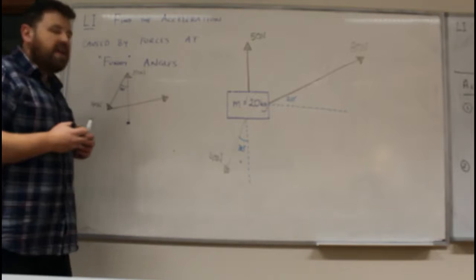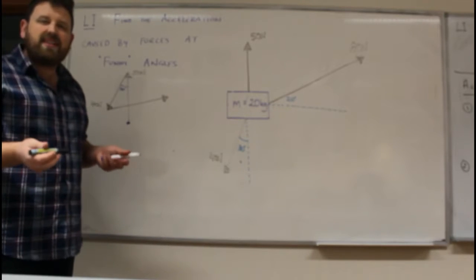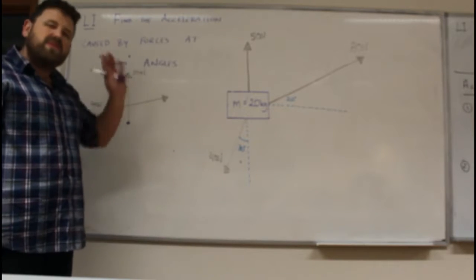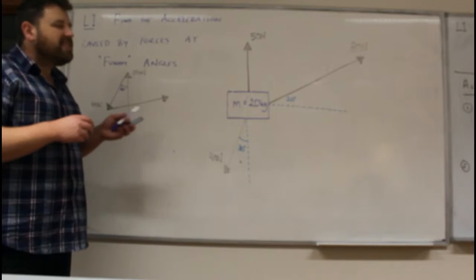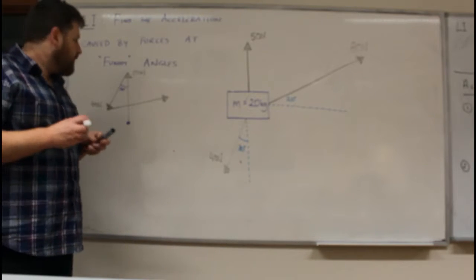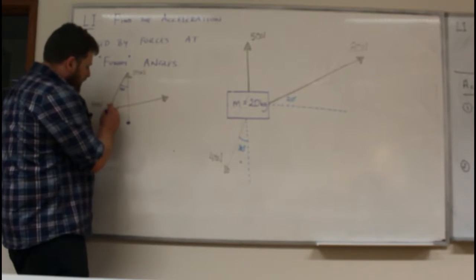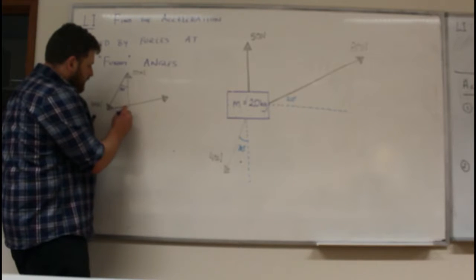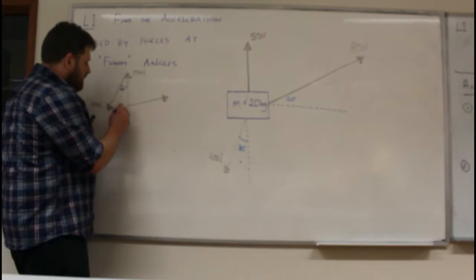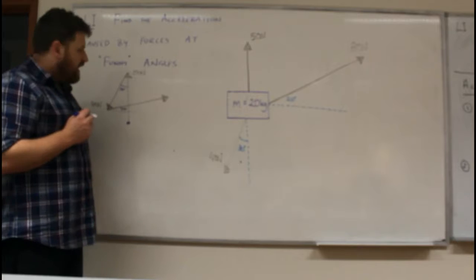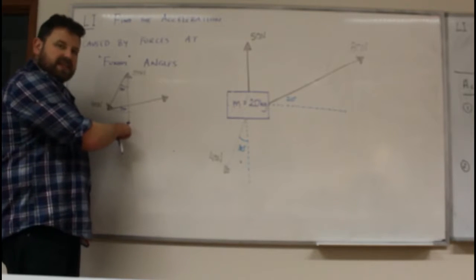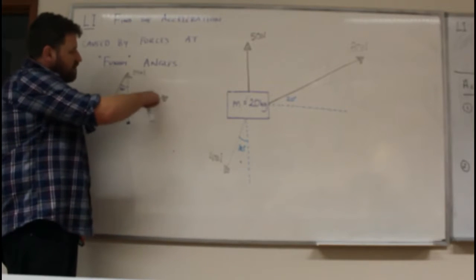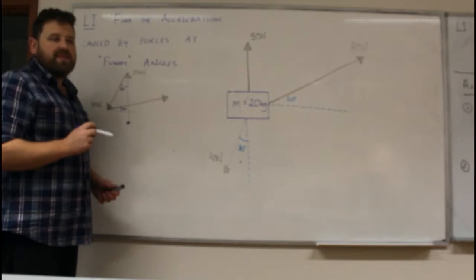And I haven't been that careful with the length of my lines. If we want to be really careful, we'll do it the mathsy way in a moment. This is just to give us a sense of what's happening. The angle in there is going to be 20 degrees. Notice that we started here, added all the vectors together, and ended up all the way over here.